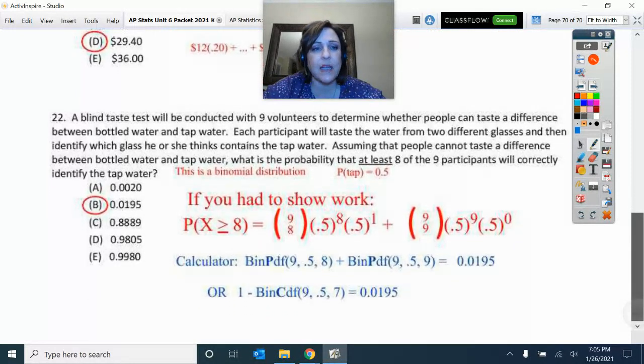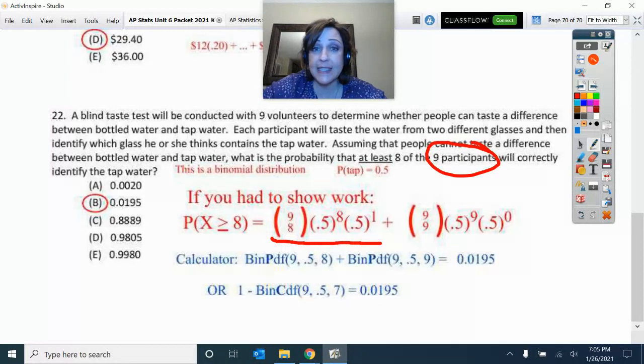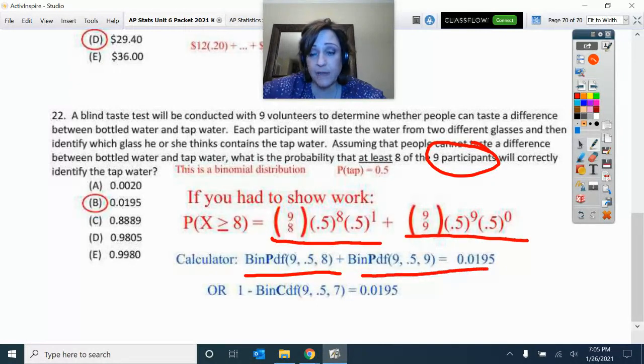Here was a situation where it's out of 9. We had a set number of participants and we wanted at least 8. So that's our binomial PDF where we had exactly 8 successes or exactly 9 successes. So we did the PDF of 8 successes and the PDF of 9 successes and combined them together.